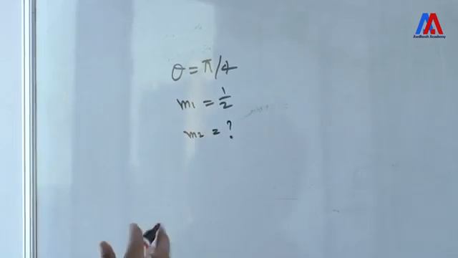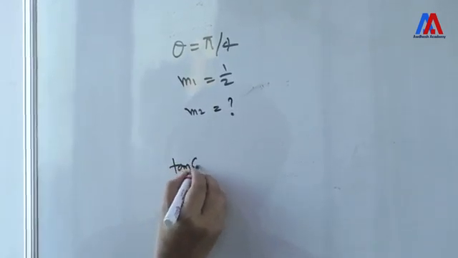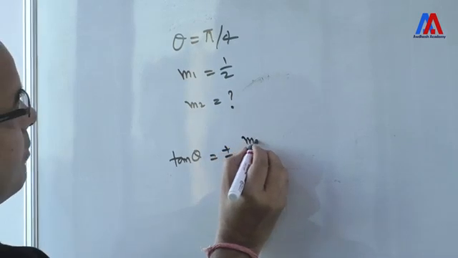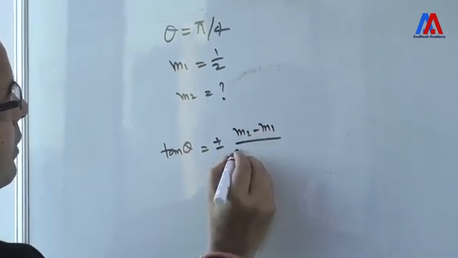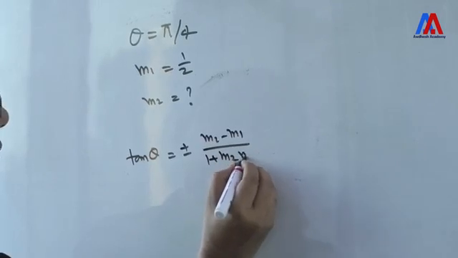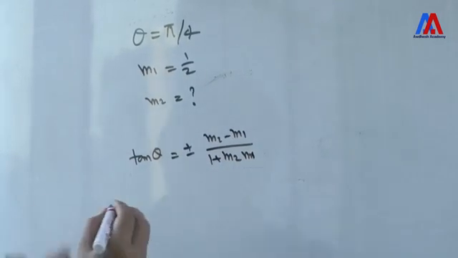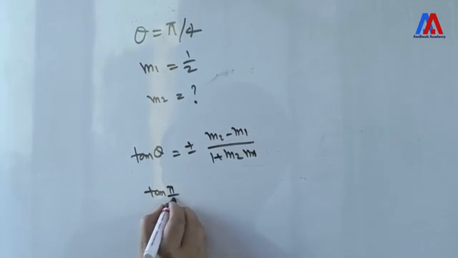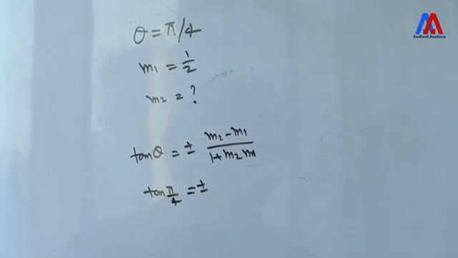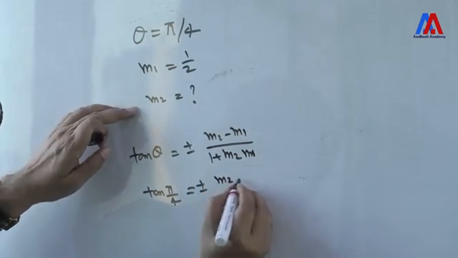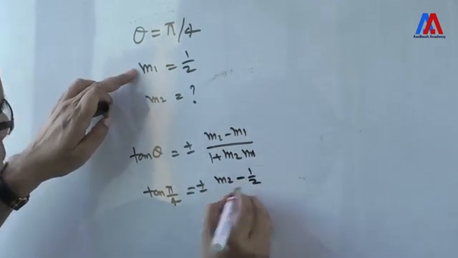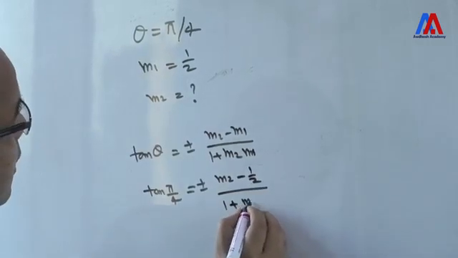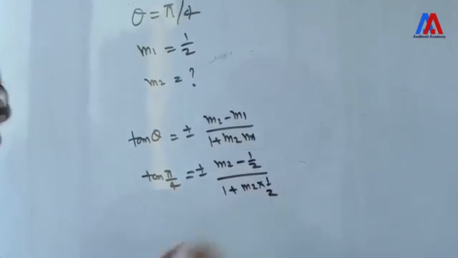We know that the angle between two lines, tan theta, is equal to plus minus (m2 minus m1) divided by (1 plus m2 m1). So let us substitute the values. It will become tan pi by 4, that is equal to plus minus (m2 minus m1, where we know m1 is half) and then divided by 1 plus m2 into half.